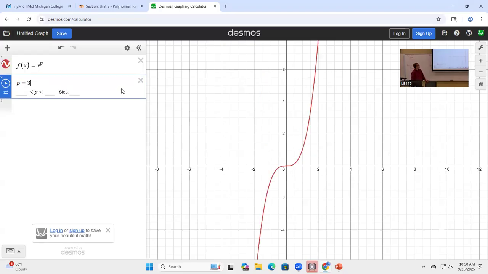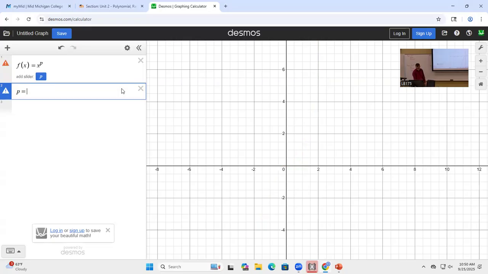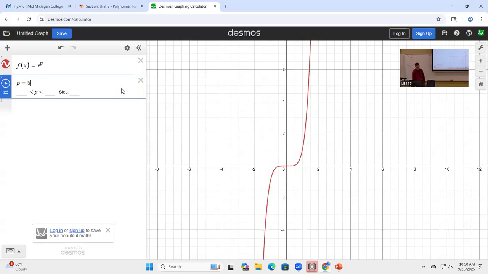If I keep putting in odd whole numbers, like I put in a 3, I'll get this shape where bottom left goes off to negative infinity, upper right goes up to positive infinity. So with 3, with 5, I get that shape.